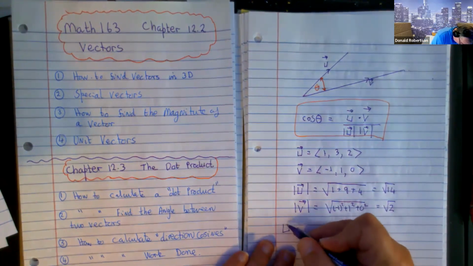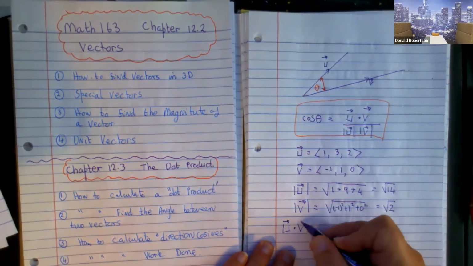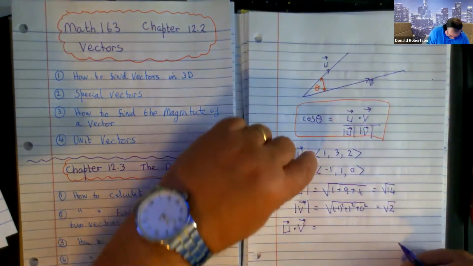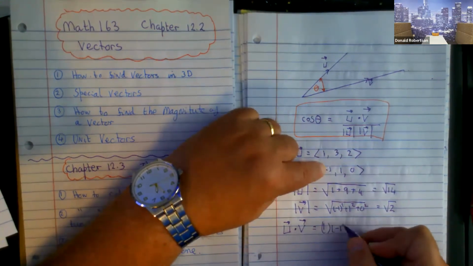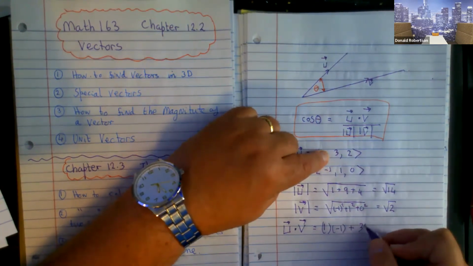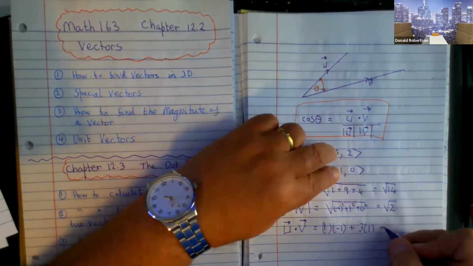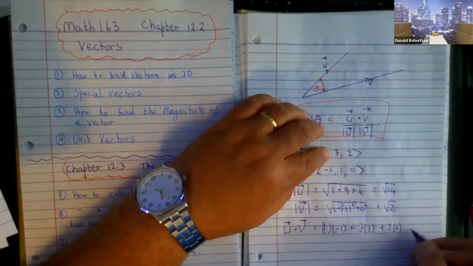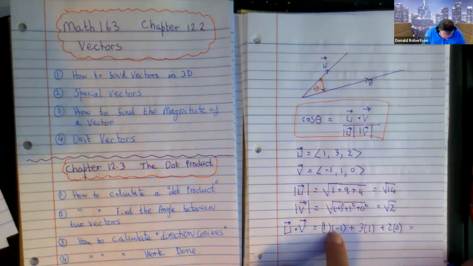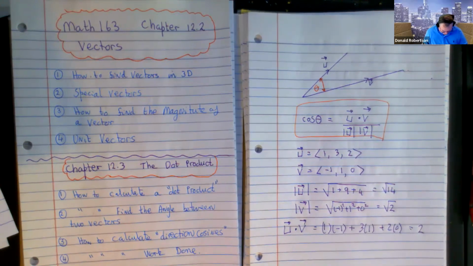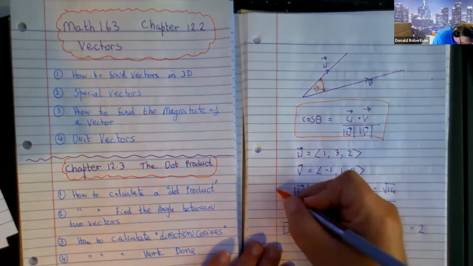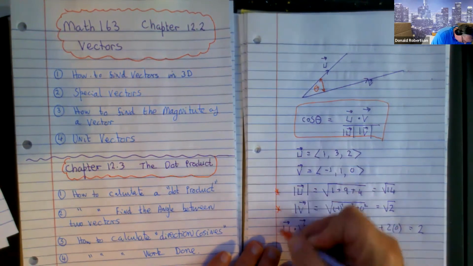I'm also going to find the dot product using the components. So it's going to be 1 times -1 plus 3 times 1 plus 2 times 0. And that's -1, that's +3, that's 0. 2 add nothing is still 2. So I am going to find these guys first.